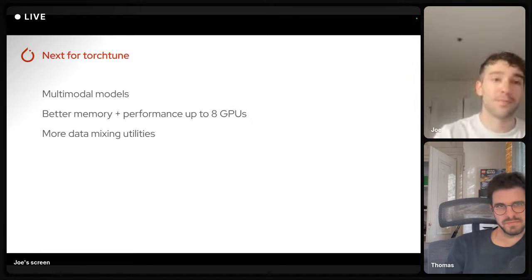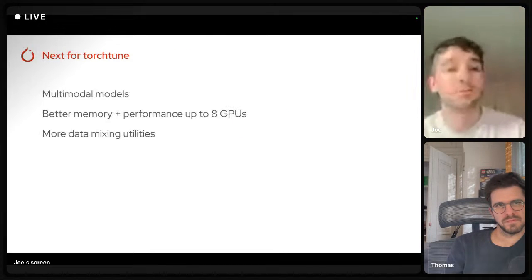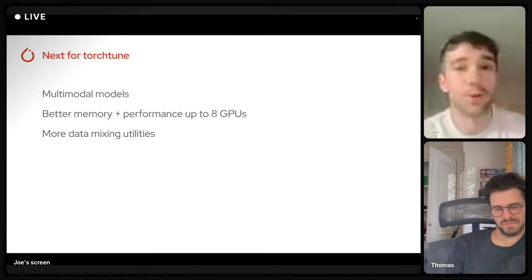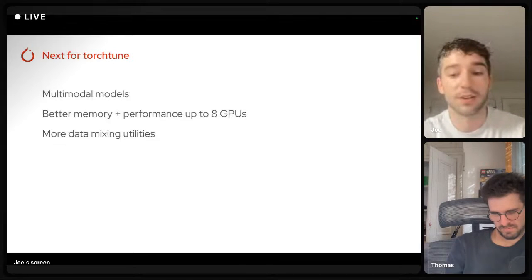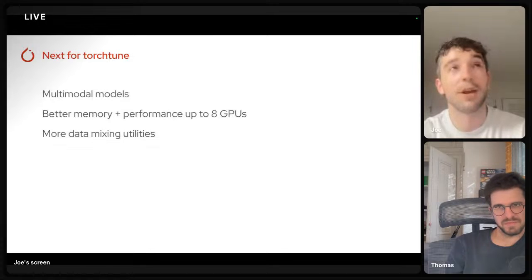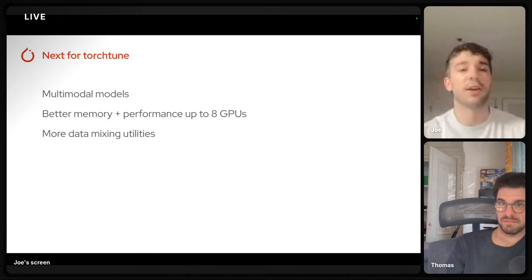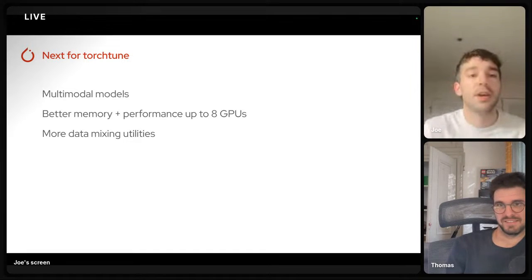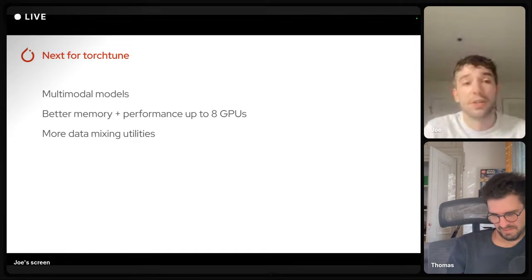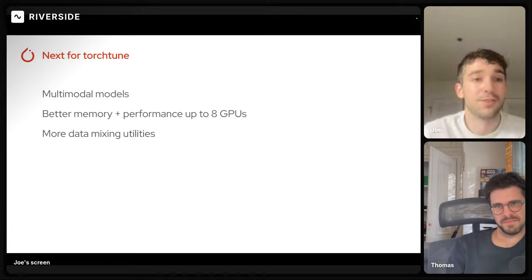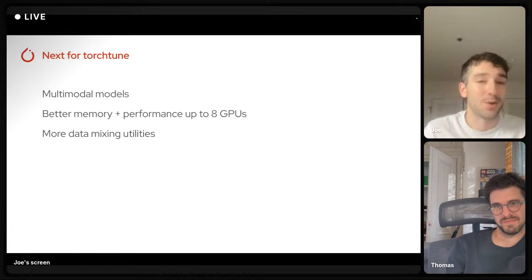Real quick, wrapping up here, what's next for torchtune? We're looking at multimodal models. Obviously there have been a lot that have come out already. I think yesterday, even just Phi 3.5 came out with some vision capabilities. So we're really interested in how to efficiently fine-tune multimodal models.